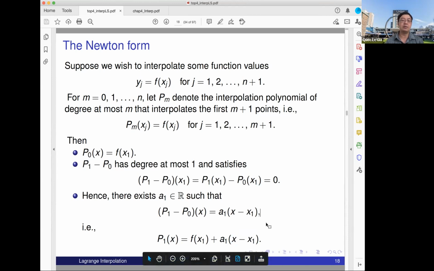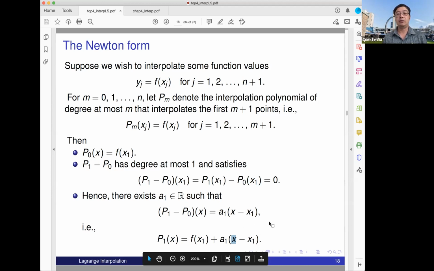So if you remember, you have to assume that P1(x2) now equals f(x2), right? And you can solve for that. If I plug in x equal x2, then P1(x2) has to be equal to f(x2).